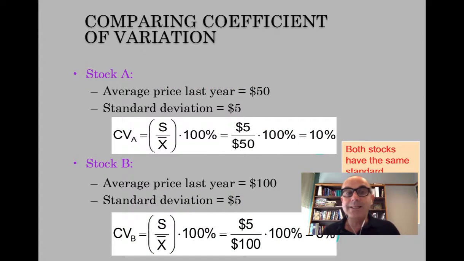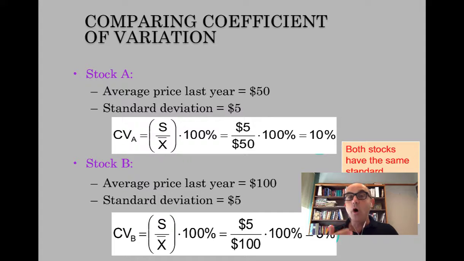So let's take an example of stocks. The stock market is a big issue in how we compare. We have stock A and stock B, and the average price last year of stock A was 50, and the average price of stock B was 100. We calculate the standard deviation and find both are equal to 5.